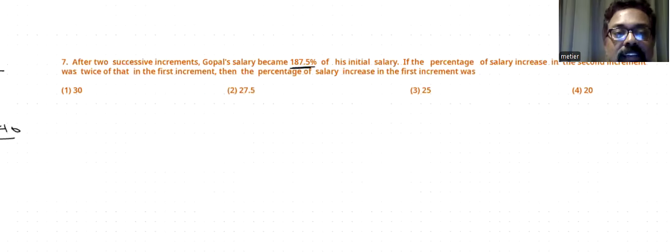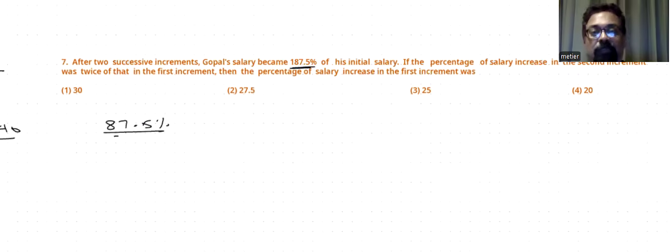It means Gopal's salary increased by 87.5%, and that comes from 2 successive percentage increases. And it is given that the second increment is twice of the first.